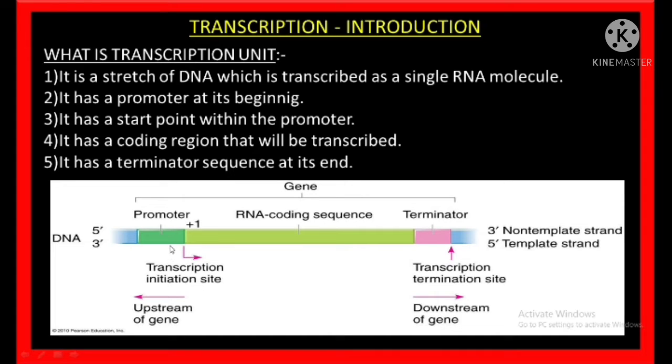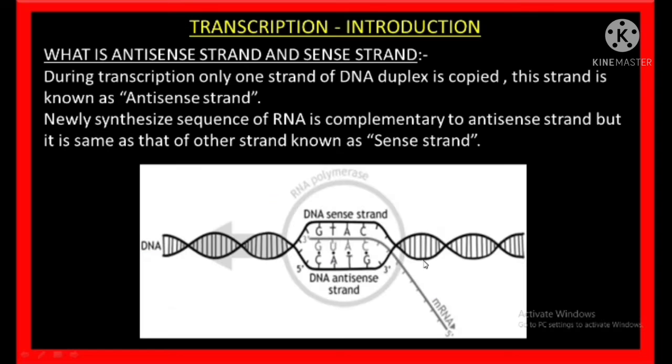So this is the promoter, this is the start point, this is the RNA coding sequence, and this is the terminator site. Now we will talk about the antisense strand and sense strand.